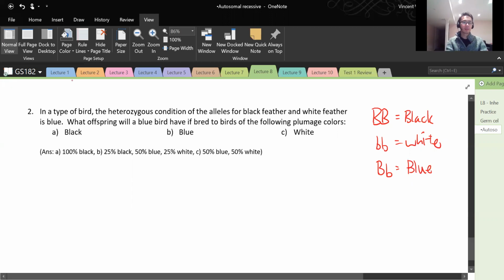So what's going to happen if we take a blue bird and then we breed it with a black bird? So blue bird is this.